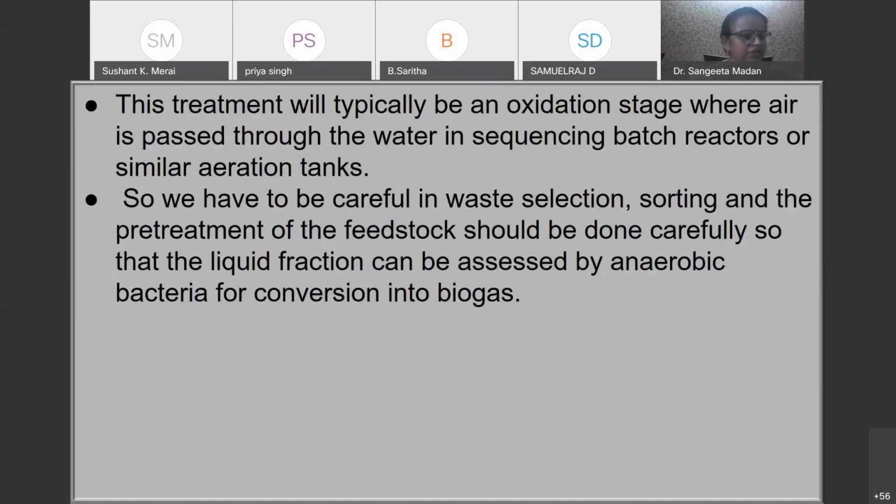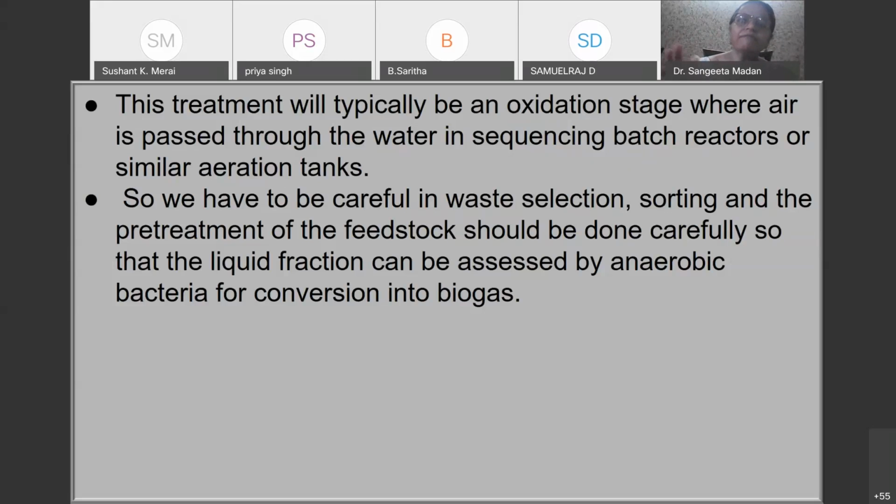Additionally, electricity generation is a valuable option with biogas used in large anaerobic digesters. So at last I would sum up my lecture: as I told you in the first slide, it is a mixture of gases produced by the breakdown of organic matter. Organic matter means the organic fraction of municipal solid waste, in the absence of oxygen.